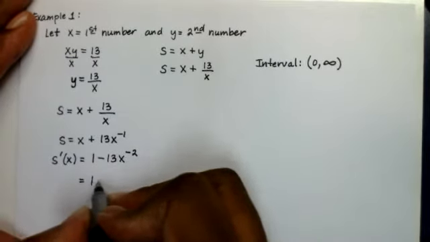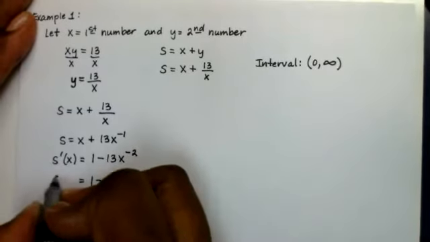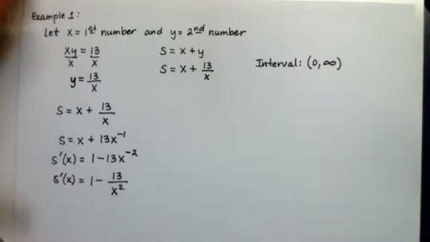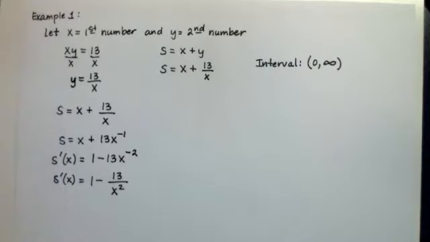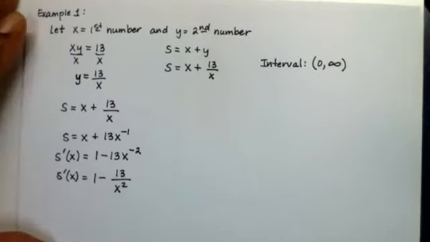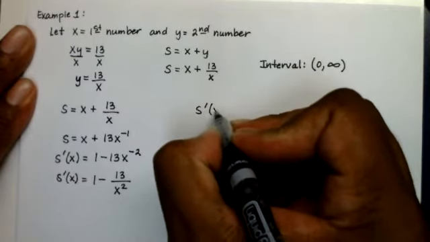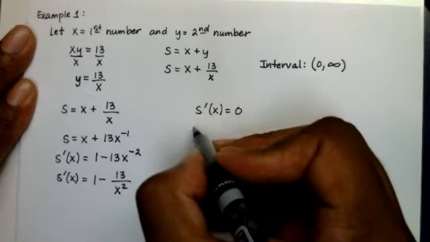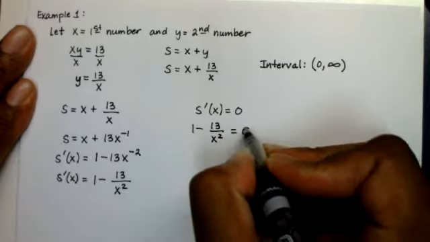So this will be 1 minus 13 over X squared. So this is what S prime of X will be. And then I'm going to take that S prime of X and set that equal to 0. So I'll do this over here, S prime of X, which is 1 minus 13 over X squared, is equal to 0.